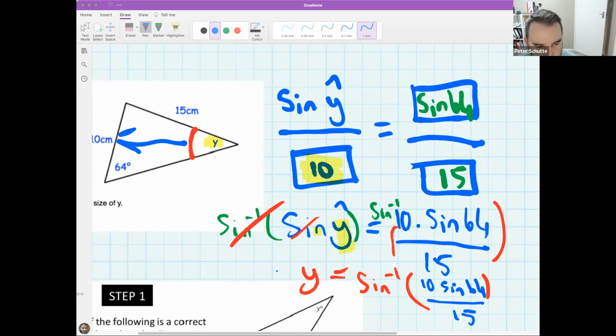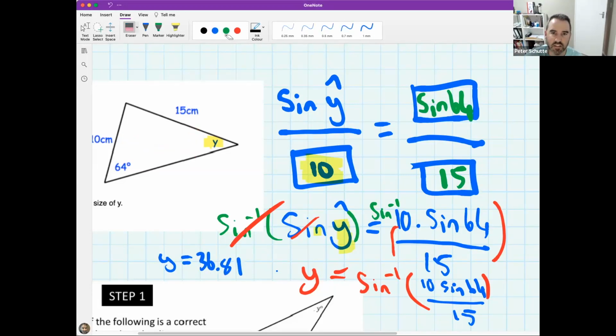What are you guys getting for your answer? So I'm going to hit equals, and I get for my answer, y is equal to 36.81. And what that means is that this angle over here is 36.81.